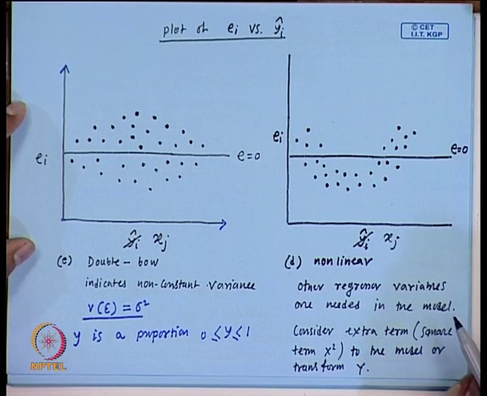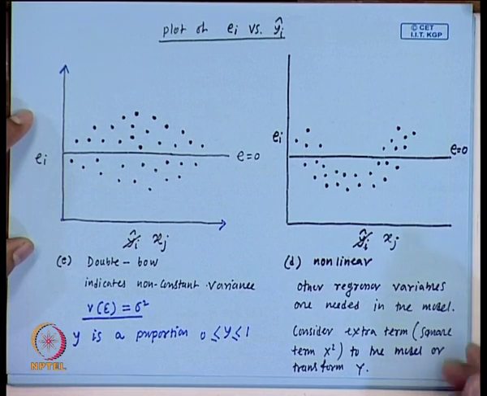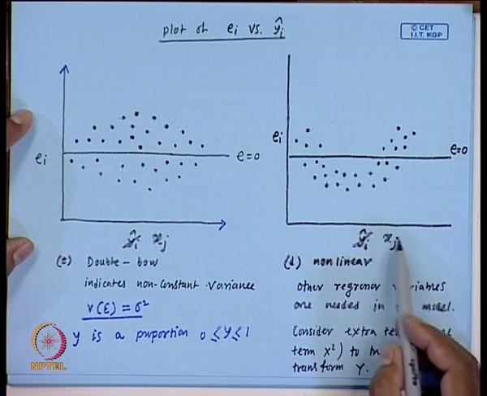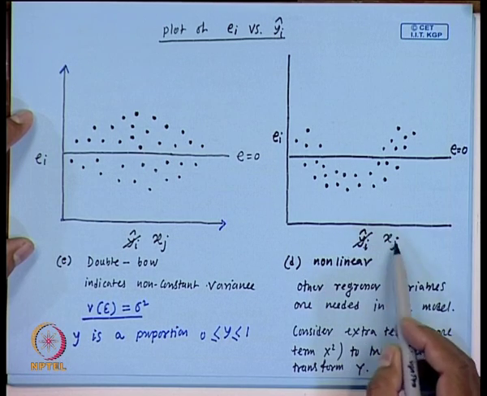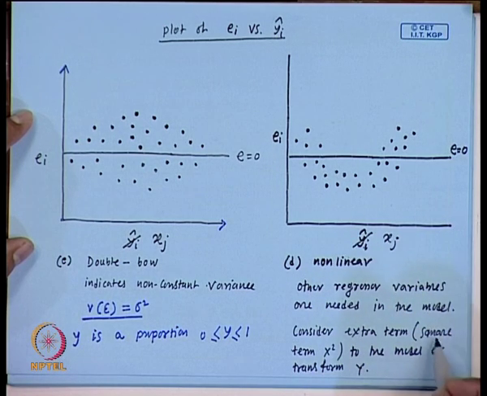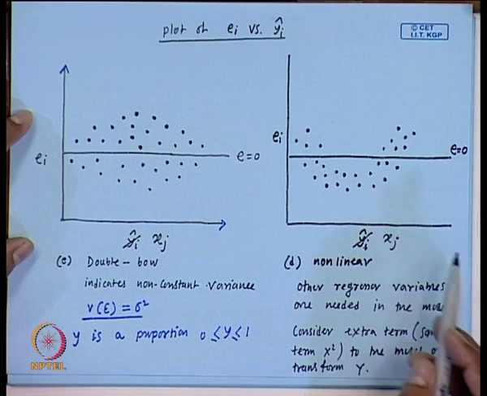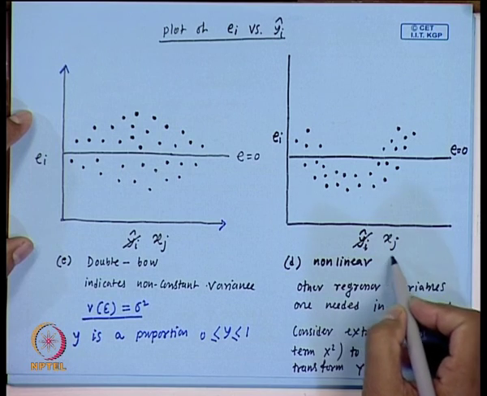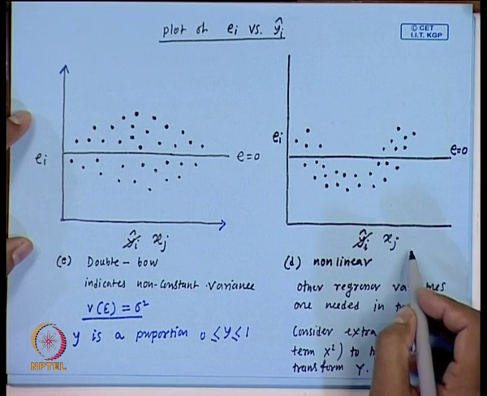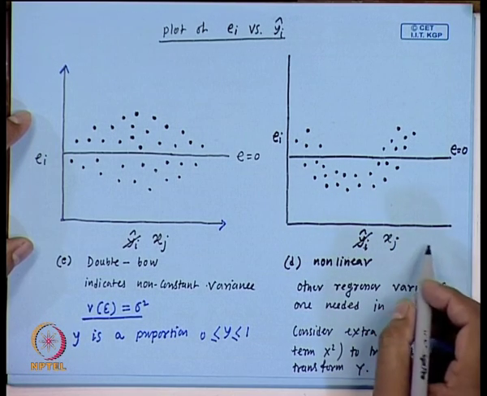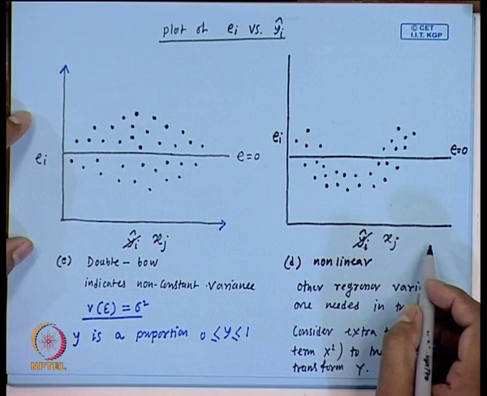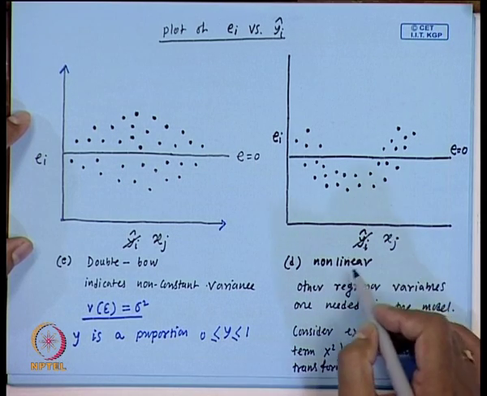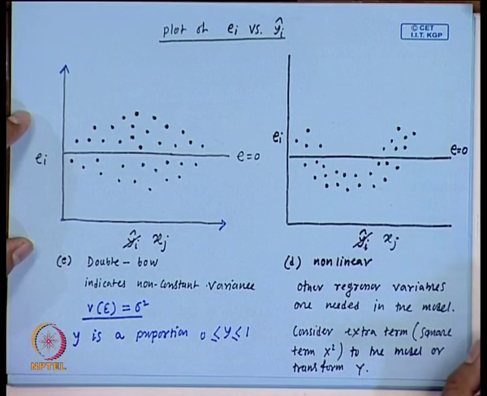That means we have to consider extra terms, like higher order regressors, for example xj square or xj cube, or some transformation on xj, for example 1 by xj or log xj. This is what the nonlinear curve indicates.